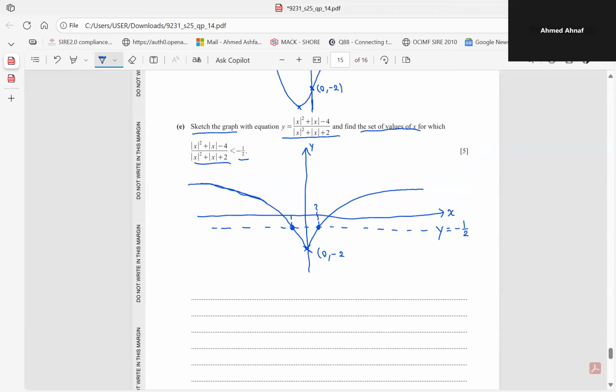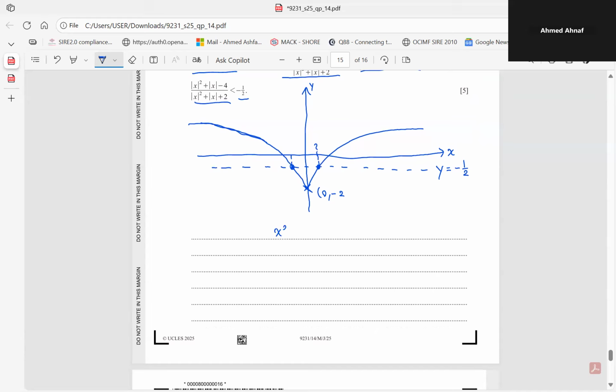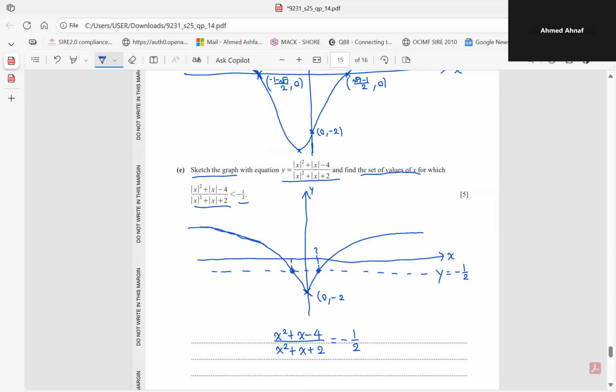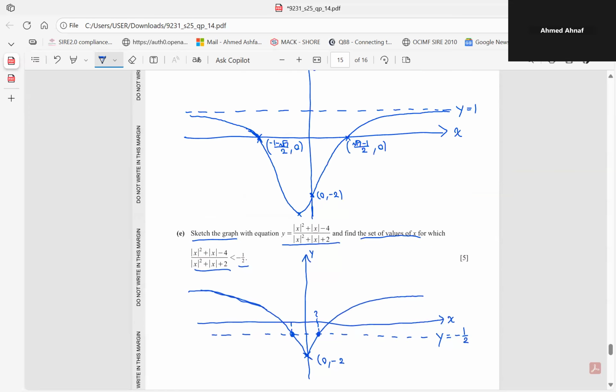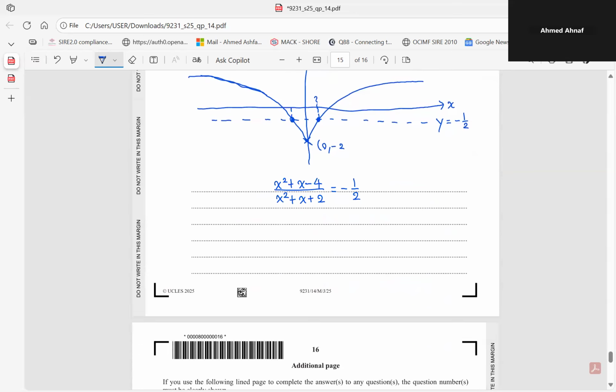To do that, just take your original equation without the x's being under the modulus sign, and you equate it to minus half. By doing that, you'll get this point on this part of the curve, this x coordinate in here. So let's solve for it.